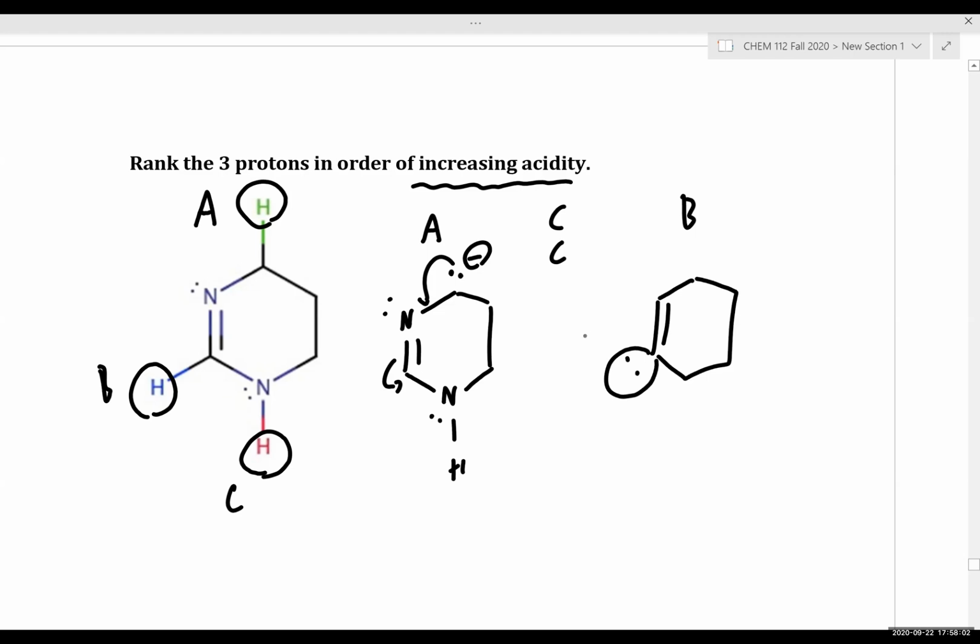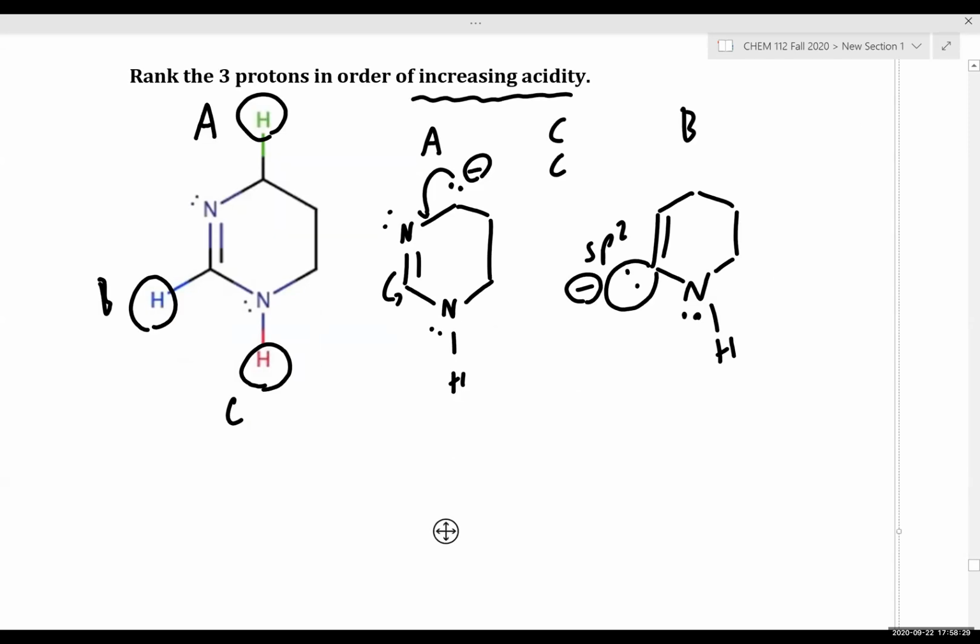that proton is pretty stuck. It's localized in an sp2 orbital, and it's stuck on a carbon atom. So we'll talk about this later, but this proton is localized. This lone pair is localized. So removing that proton would generate an anion in an sp2 orbital.